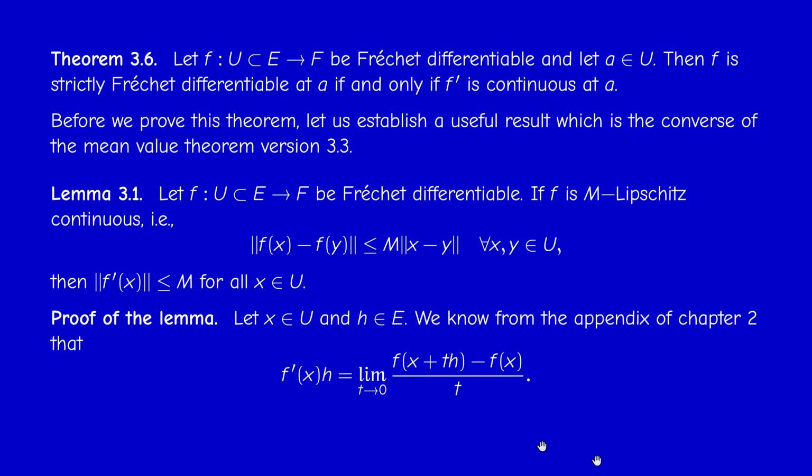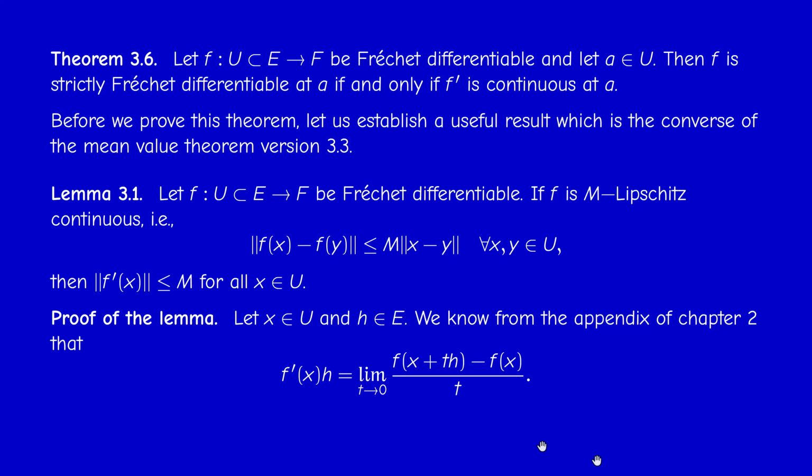So if now we take t small enough, since U is open, then x plus th belongs to U, and this is where we need the assumption of openness, because we need to ensure that x plus th really belongs to U in order for this ratio to be defined.